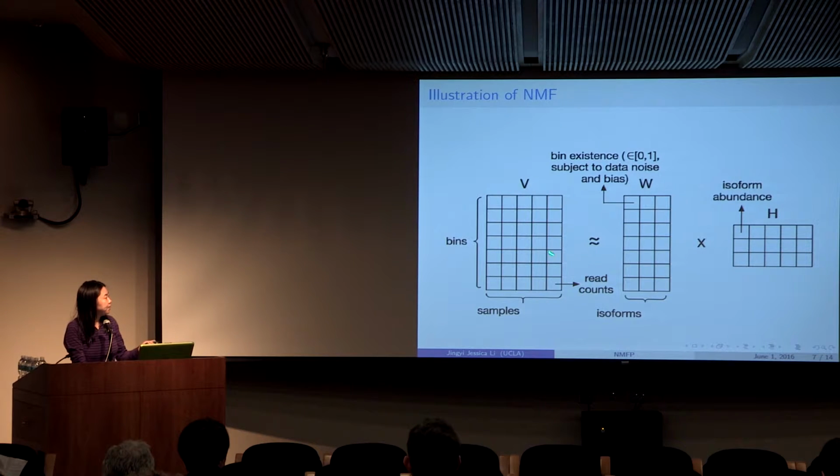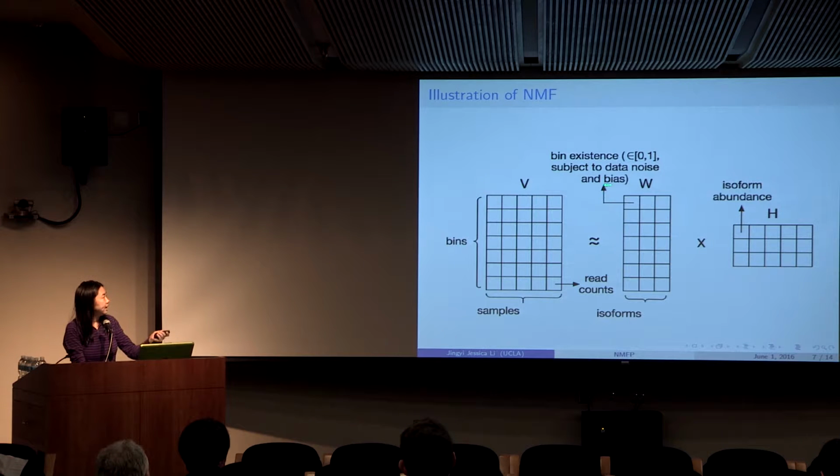And the formulation of the NMF is like this. Here we have the bins as the rows, and the columns are multiple RNA-seq samples. The idea is that if we do this factorization, in this matrix the rows are still bins, but the columns are reduced to the number of potential isoforms. And over here, potential isoforms are the rows, and the samples are the columns.